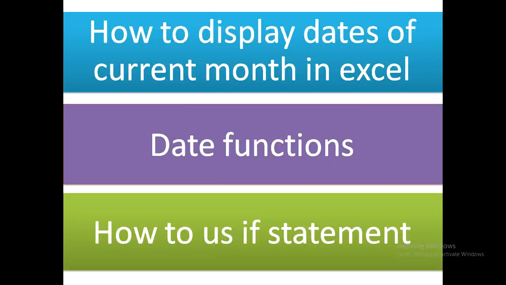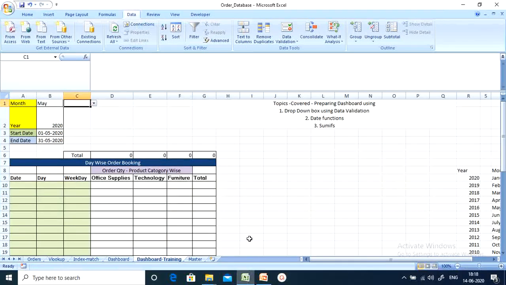So here we are going to learn how to display the dates of the current month in an Excel sheet in a row, and we are going to learn some additional date functions and also IF statements. In our last session we learned how to add a drop-down box, and using the drop-down box we select the month and year, and we get the start date and end date.